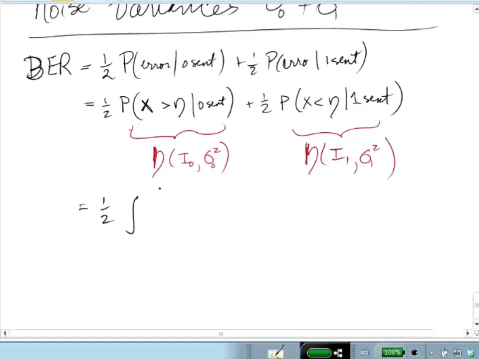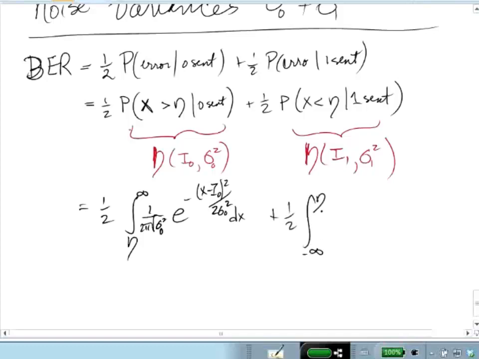The probability that X is greater than theta is just the integral from theta to infinity of the probability density, and the density here is 1 over the square root of 2 pi sigma 0 squared, and then e to the minus (x minus I0) squared over 2 sigma 0 squared dx, etc. And here it will be from minus infinity to theta, 1 over the square root of 2 pi sigma 1 squared, e to the minus (x minus I1) squared over 2 sigma 1 squared dx.